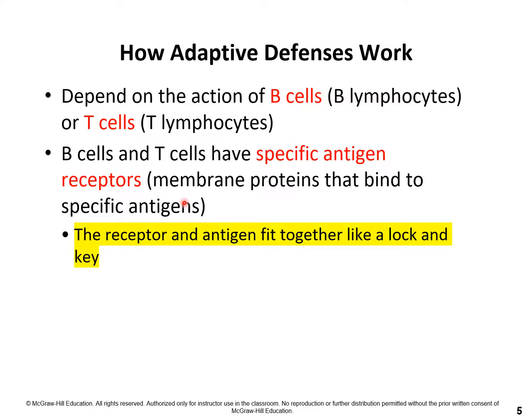Sometimes you can't even tell that you've encountered an antigen, because your immune system has acquired a memory for some specific pathogen and it eliminates it before it can cause any problems. And so the specific antigen receptor on the outside of the cell surface and how it binds to that specific antigen is like a lock and a key. They fit together perfectly and they're very specific.